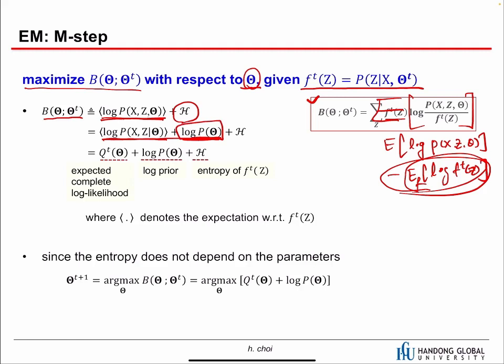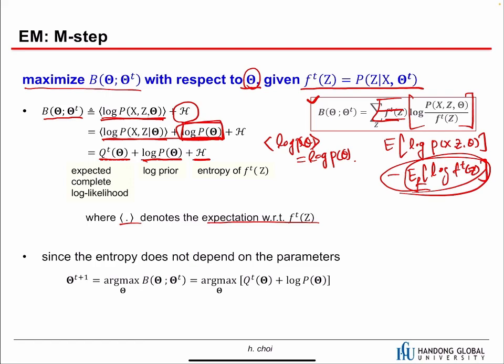Because we don't have z here, the expectation of log p theta is just log p theta. So this is it. We have expected complete log likelihood, log prior, and entropy. Again, this denotes the expectation with respect to f of z at time t.